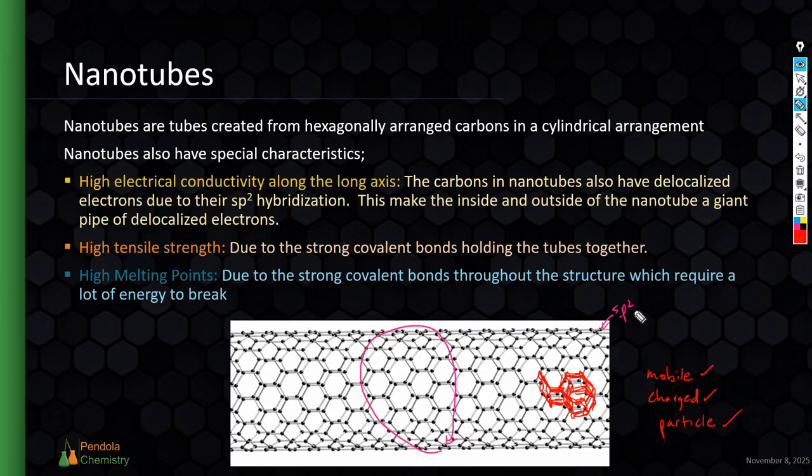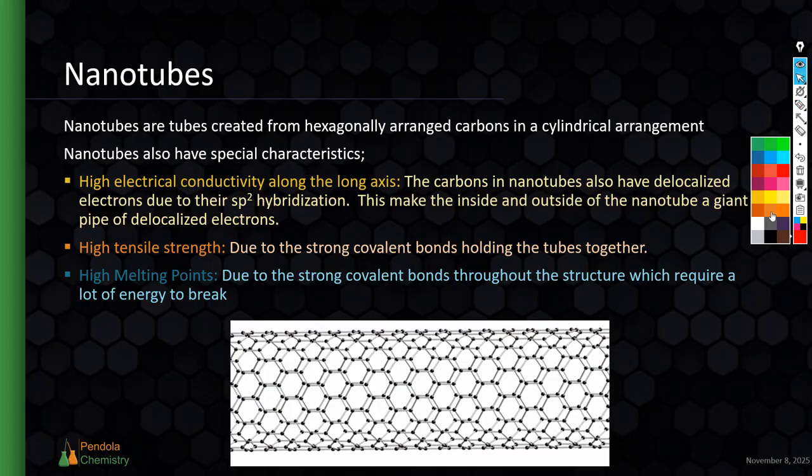So, because of that sp2 hybridization of the carbons forming these hexagons, we have this delocalized area of electrons, giving nanotubes high electrical conductivity, but they only conduct electricity in one axis, meaning that electricity is conducted through a nanotube in the long axis. Why? If the electricity goes like this, it's just going to get caught in a loop around the tube.